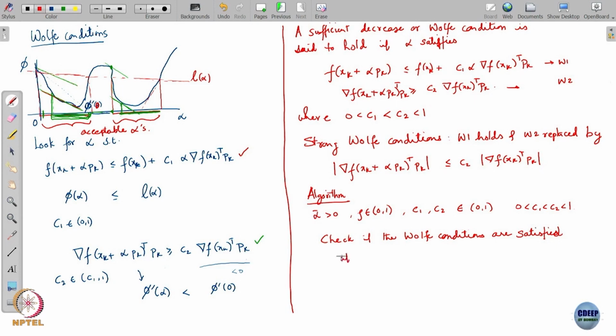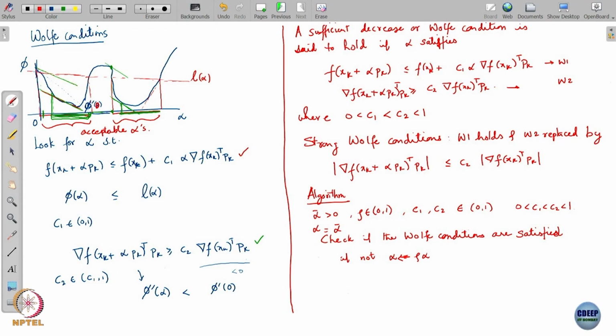If not, you try an alpha. You initialize alpha equal to some alpha bar. If not, change alpha to rho times alpha. So what you are doing is you start with a large enough alpha, and then you keep backtracking to see if your Wolfe conditions are satisfied. You can keep repeating this until eventually the Wolfe conditions are satisfied.